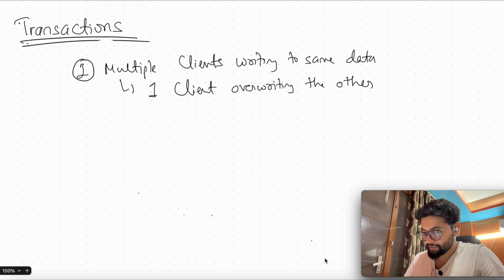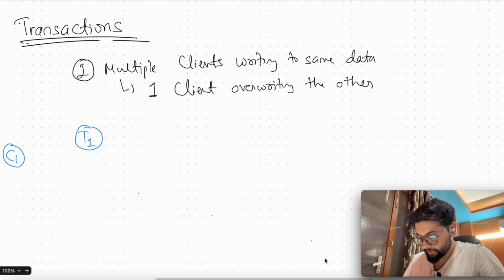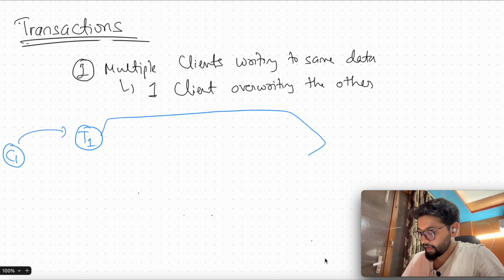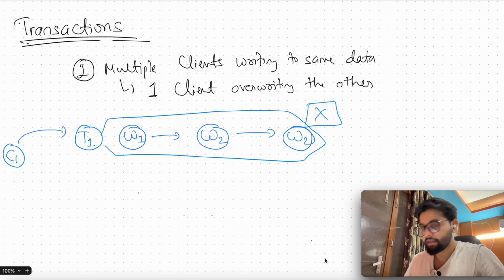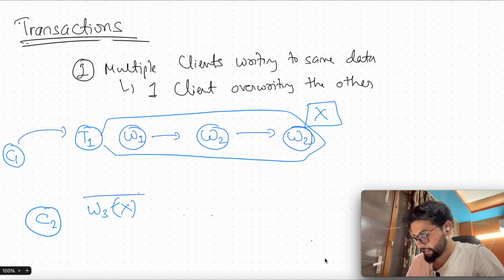What does it mean? Suppose a transaction T1 is started by a client C1, and within this transaction we have a couple of write operations. Suppose we have three write operations performed on a data item X. Now, what if a client 2 tries to perform a write, suppose a third write, on data item X?